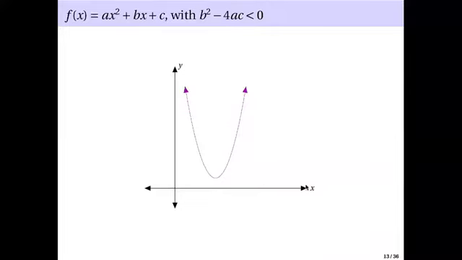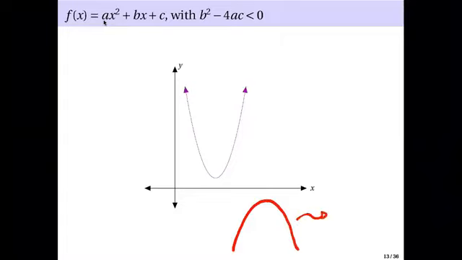If your a is negative and you have the case b squared minus 4ac less than 0, the graph of the parabola is completely below the x-axis, because again, your a is negative, so it opens downwards. So what I'm saying is if your a is negative, it can be something like this.